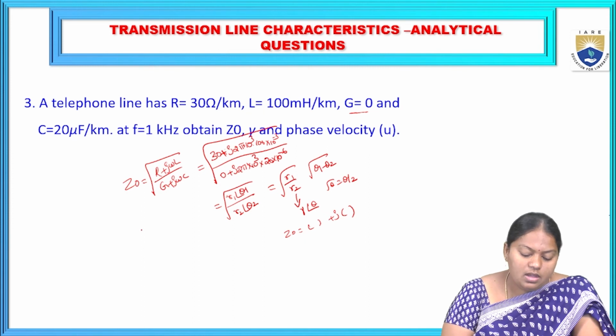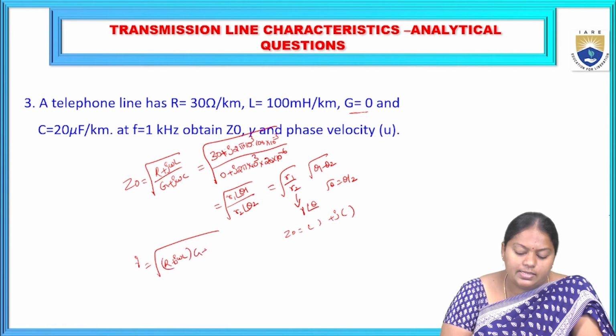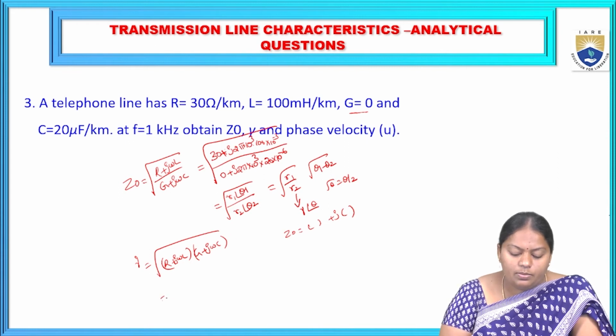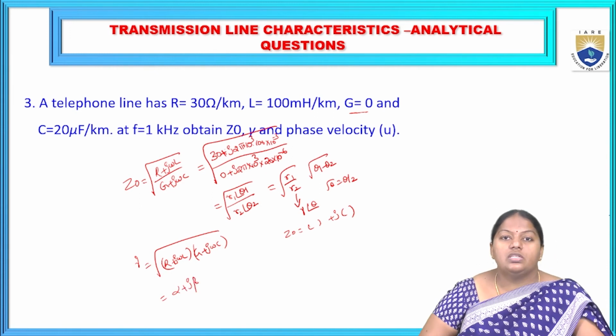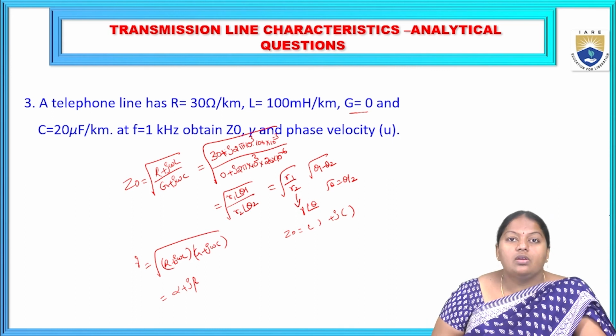Then similarly, gamma can be expressed as gamma equal to root over R plus j omega L into G plus j omega C. The same RLGC values are to be substituted. Then gamma can be expressed as alpha plus j beta, where alpha is the real term and beta is the imaginary term, nothing but the phase constant.